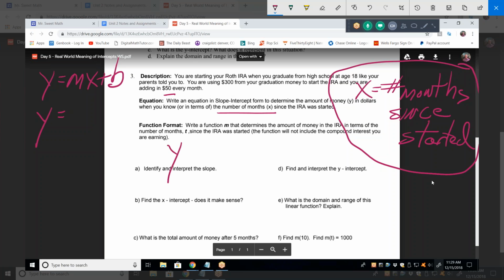Remember what y is. Total money invested. Okay? That's what y is. So what's y going to be in the context of this problem? Would it be 50x?